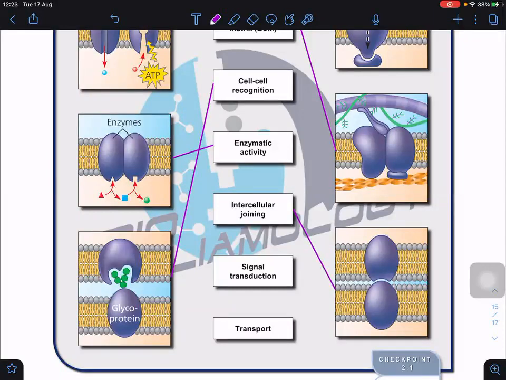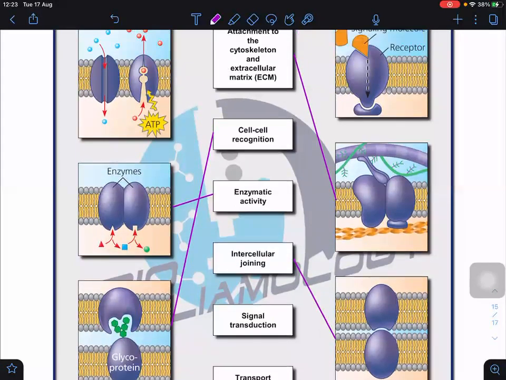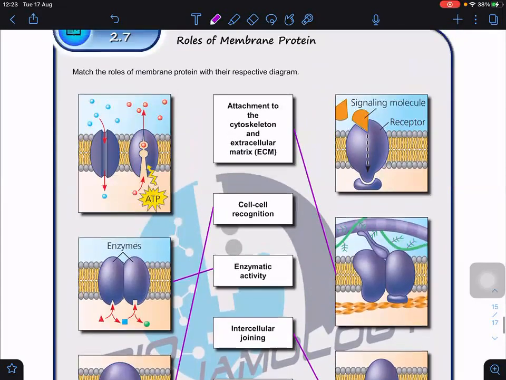Signal transduction, we are going to learn once we finish these topics. Some signaling molecules cannot enter into the cell, so they need signal transduction. For example, the postman or courier man, from your online shopping, cannot enter your house, but they put your letter into your post box.